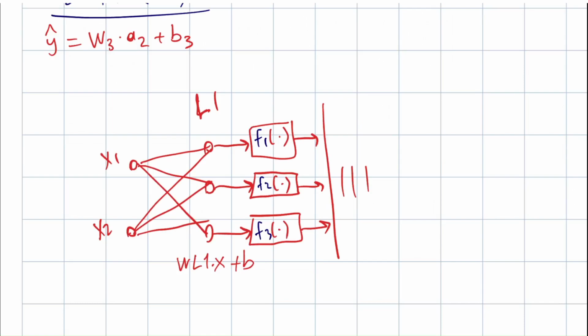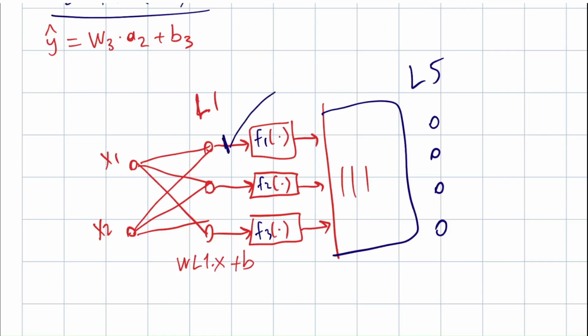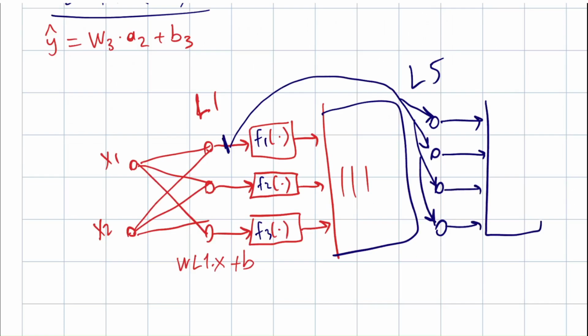For example, maybe in layer 5 you have 4 neurons, and this signal is forwarded or fed as input through those layers for some reason, and then you have other layers.